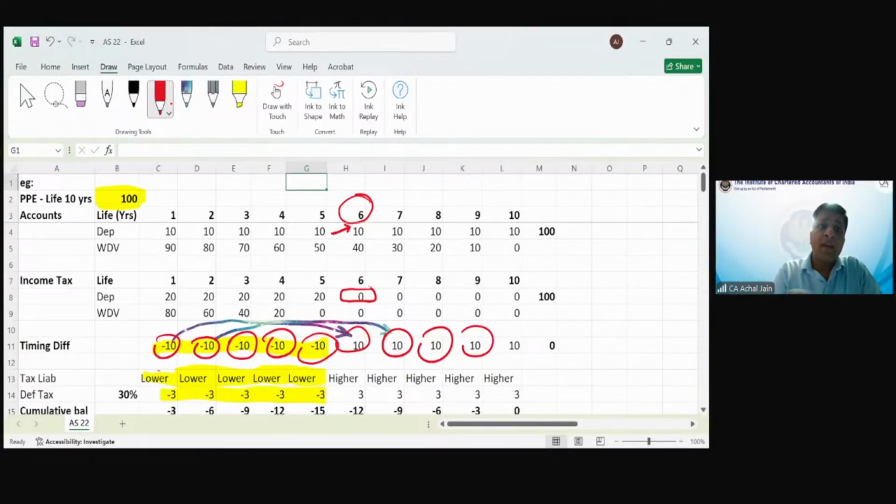So what do you call those differences as? Timing differences. Okay.